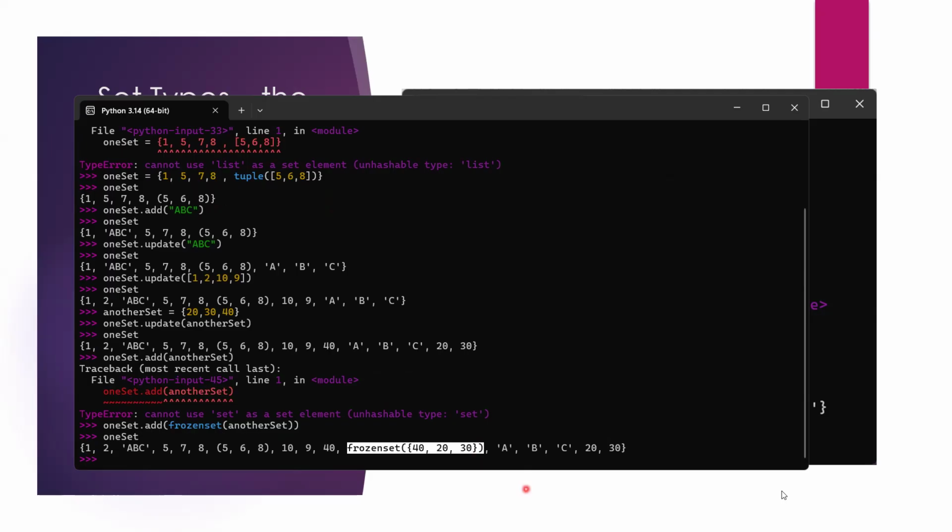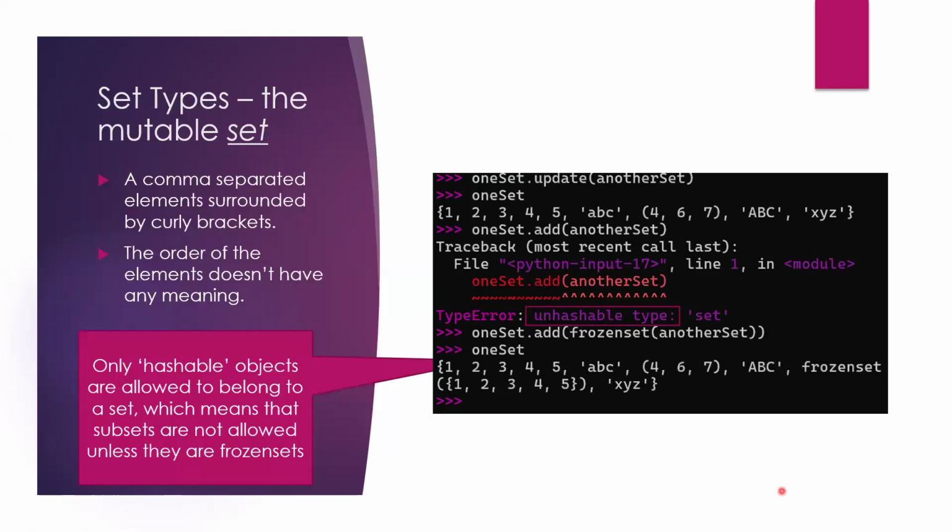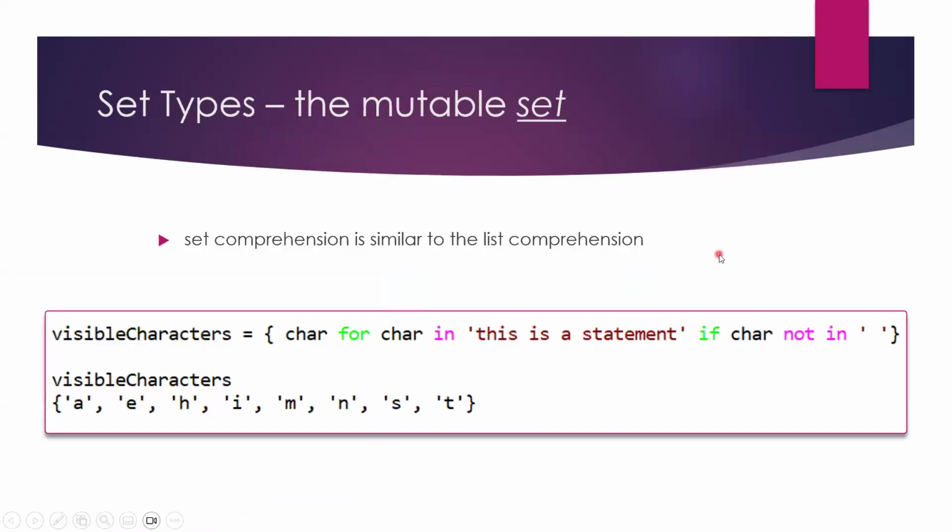Now, just like we had, okay, so we already talked about that. Just like we had the comprehension for a list, we can have a comprehension for a set. So we can build a set programmatically too. We said that one of the common cases that you use a set is to eliminate duplication.